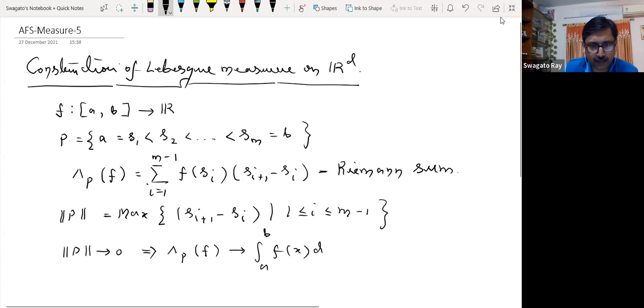This is a known fact. I have already assumed my f to be continuous. I am not going out of continuous functions.